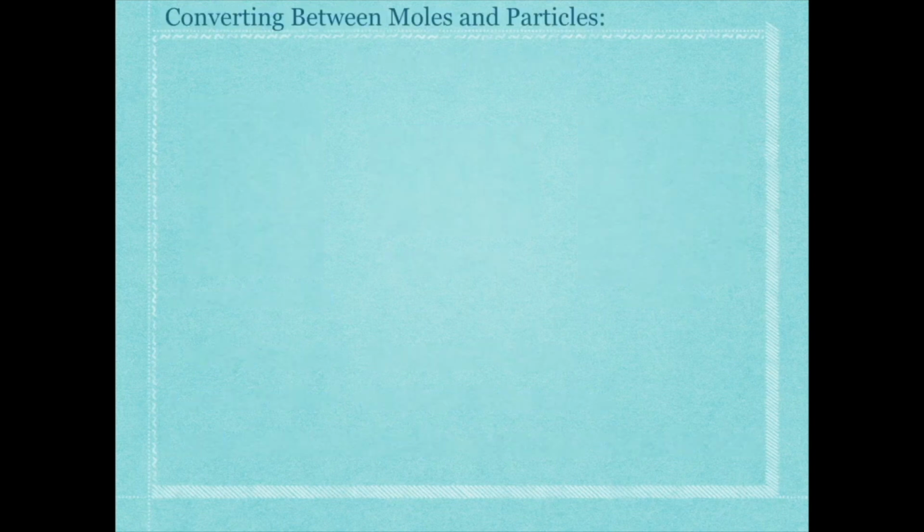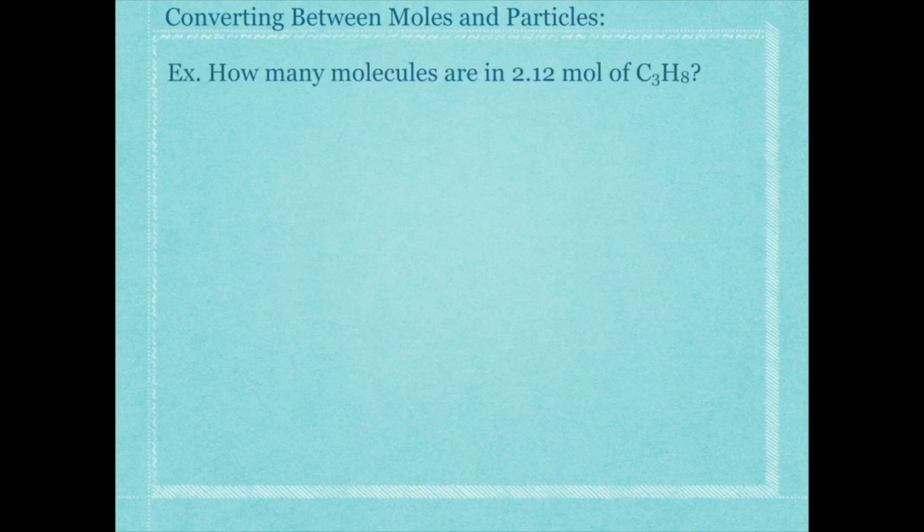So let's actually apply this. I'm going to convert between moles and those particles, whether it's atoms, molecules, or formula units. So if I'm given 2.12 moles of C3H8, and I'm asked for how many molecules I would have, remember, because that has covalent bonding because you have 2 nonmetals, I'm going to start with my given, which is 2.12. I'm going to crisscross swoosh, I'm going to put moles on bottom, and I'm going to put molecules up top.